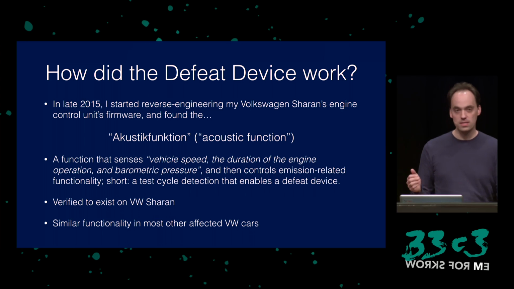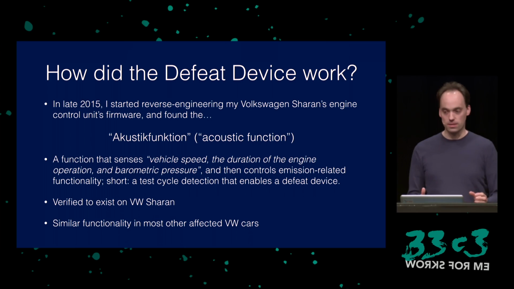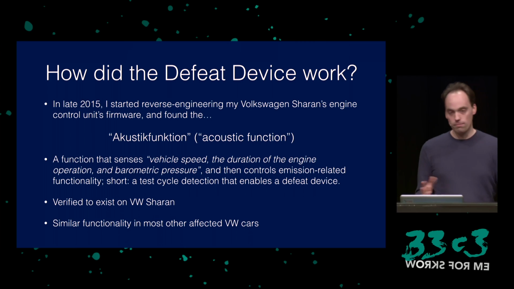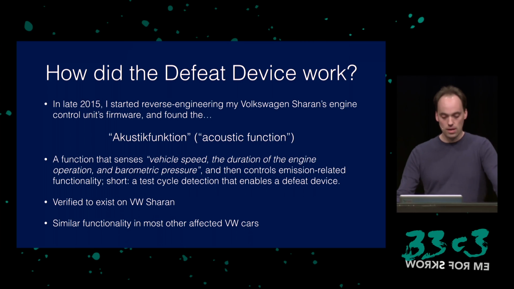In short, this is the test cycle detection that enables the defeat device. I verified it to exist on my Touran by driving through the test cycle and logging data. And during the last year, I verified that it's actually more or less the same defeat device that exists on a lot of other Volkswagen cars.